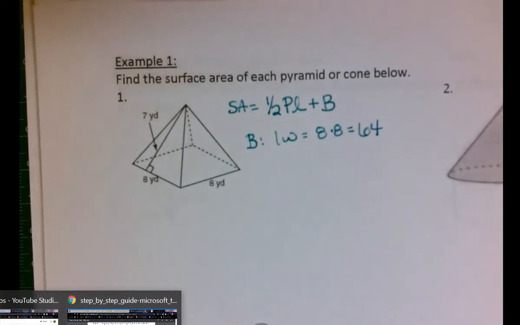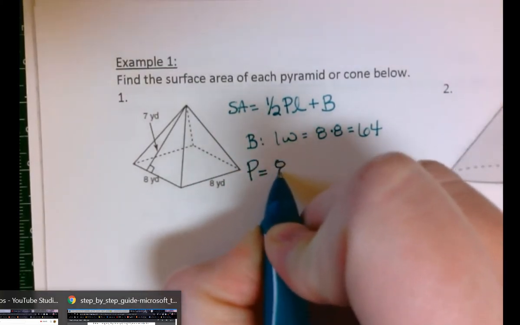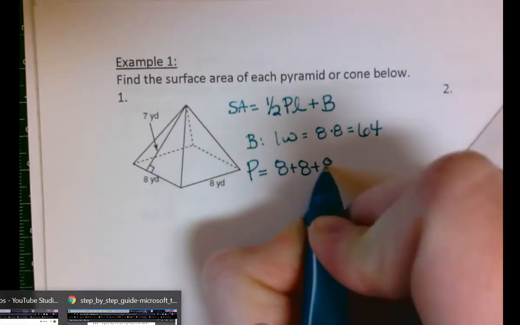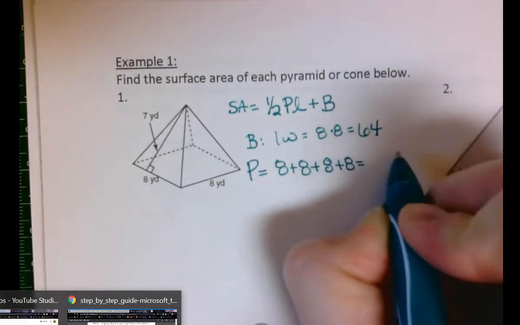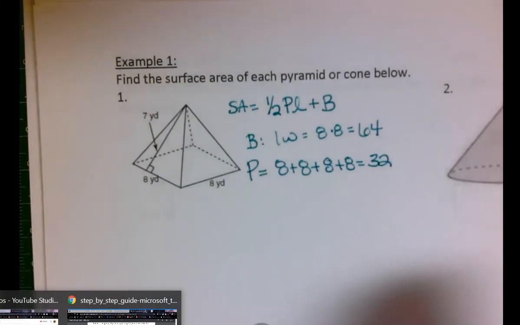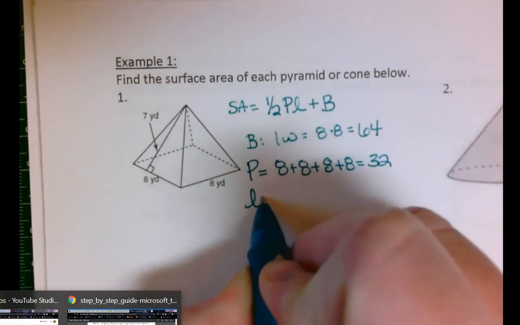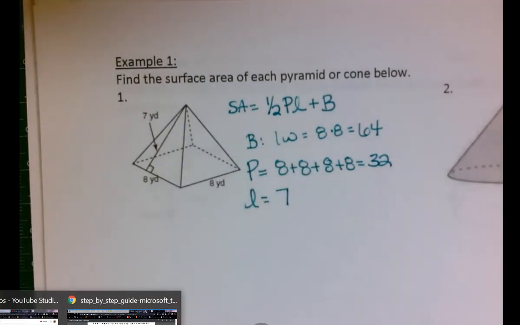Perimeter would equal 8 plus 8 plus 8 plus 8, which equals 32. Or 2 times 8 plus 2 times 8. Slant height is given to me, and that's 7, so L equals 7. And so I'm just going to plug in my formula.